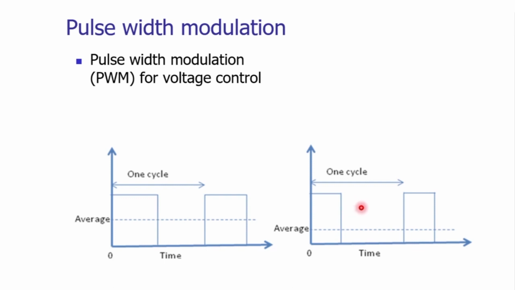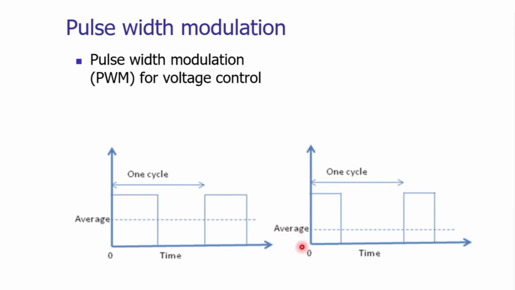As we are increasing the off time, then naturally the on time is reducing. For the same total pulse time, now the pulse on time has been reduced. As the pulse on time has been reduced, the average voltage is further reduced.